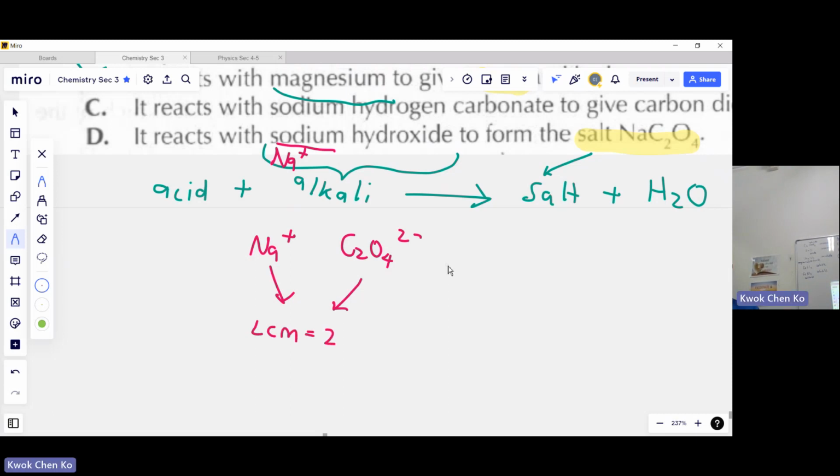Therefore, for sodium, I have to multiply by 2 to get your LCM. For 2 minus, it's already 2. So just let it be. And what do I get? I will get this formula. Na2 because of the 2 here. C2O4. So this is your salt. This is salt, by the way, sodium oxalate.